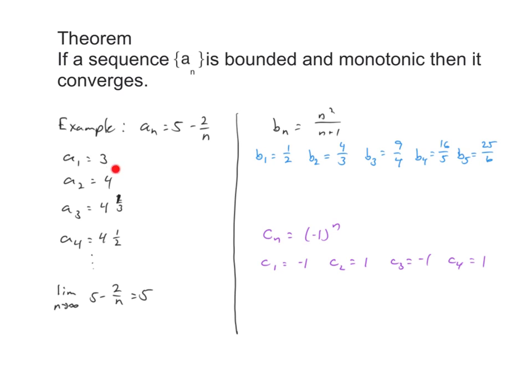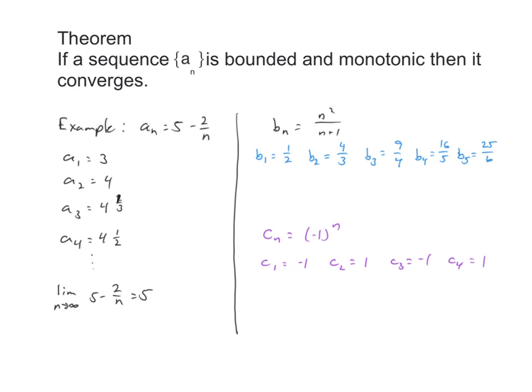The next thing is, is this bounded? We can already know that a sub 1 is 3, so I know that 3 is a lower bound. So it is bounded below by 3. And as n goes to infinity, this sequence is going to go to 5.